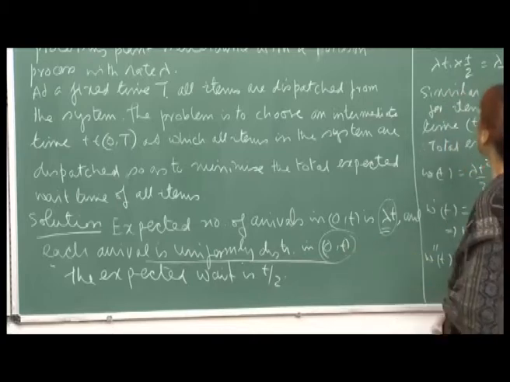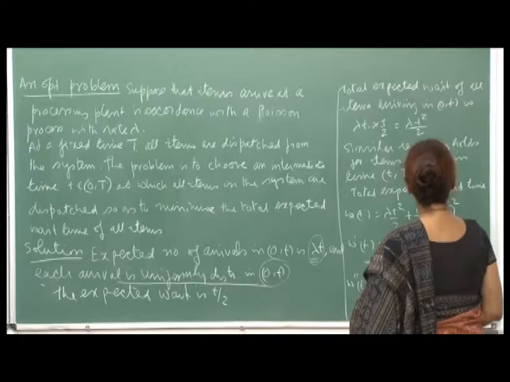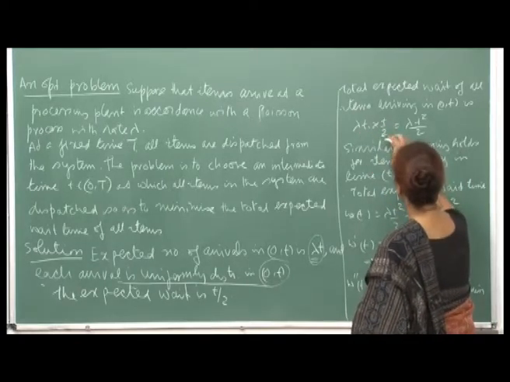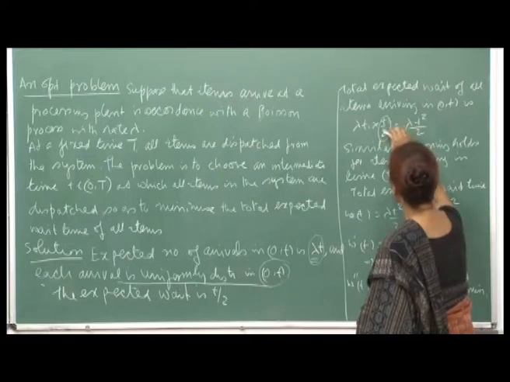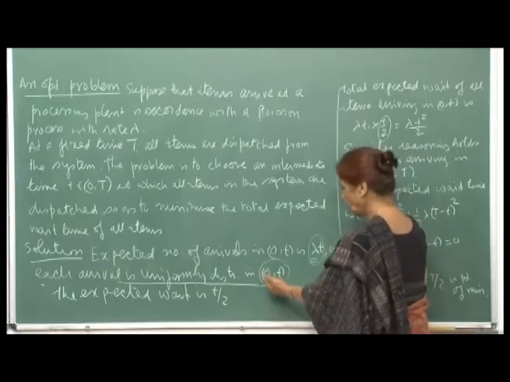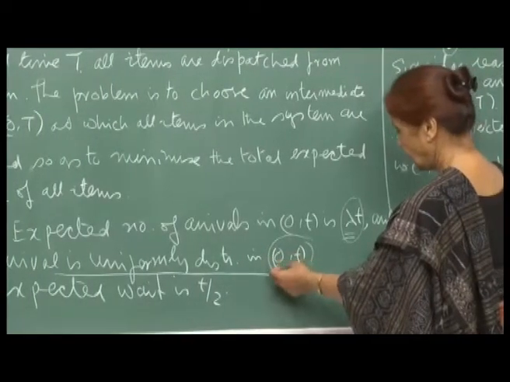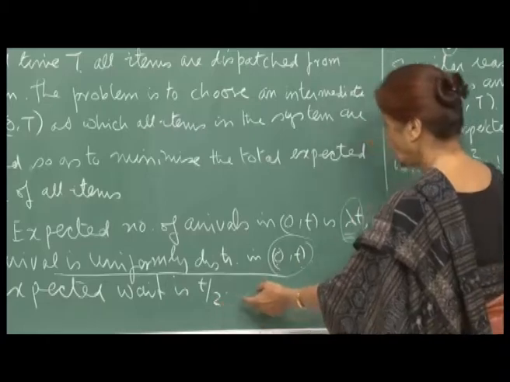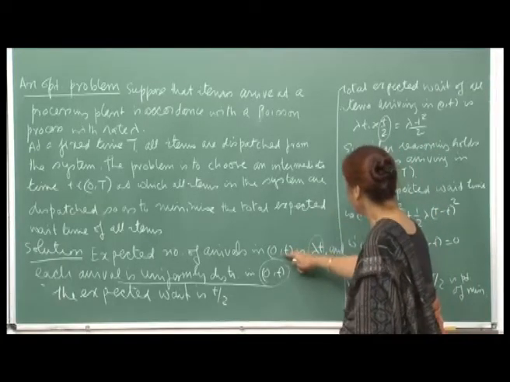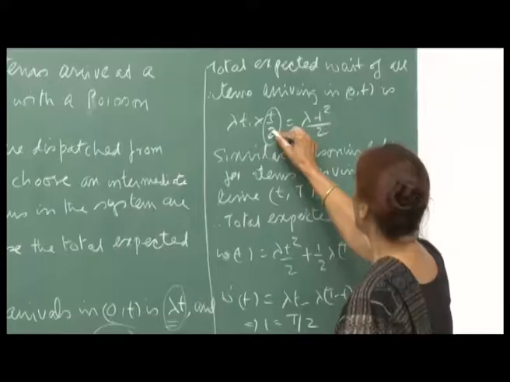Now, the total expected wait of all items arriving in (0, t) is therefore lambda t into t by 2. The expected wait time of any item is t by 2, and since the expected number of items that arrive in this time is lambda t, the whole thing is lambda t into t by 2.